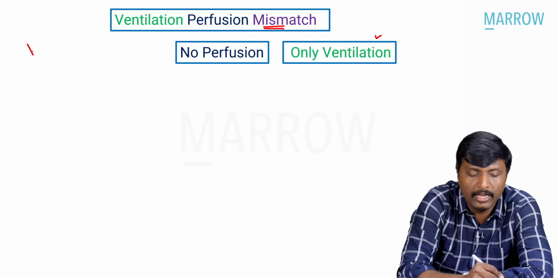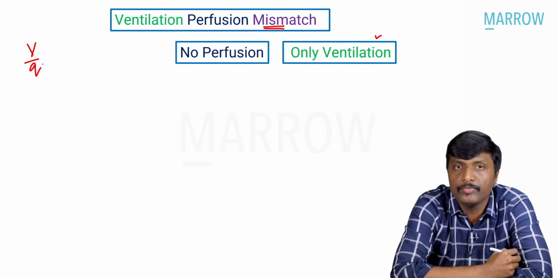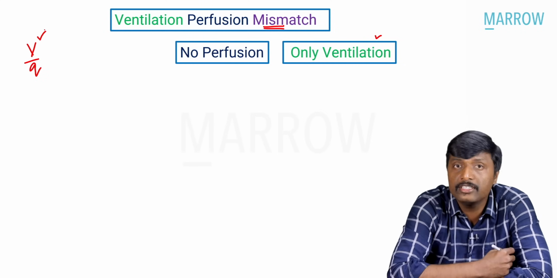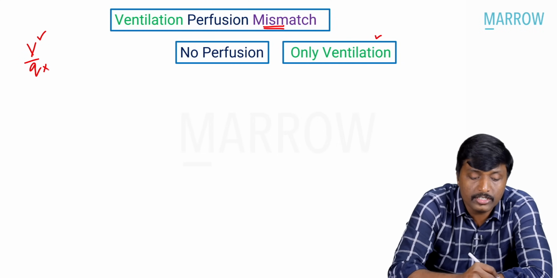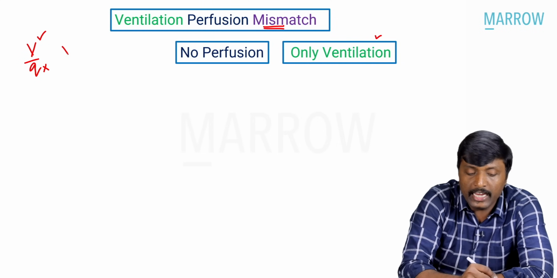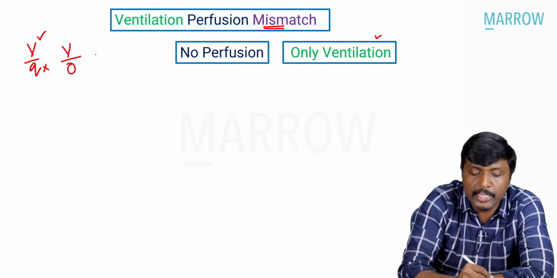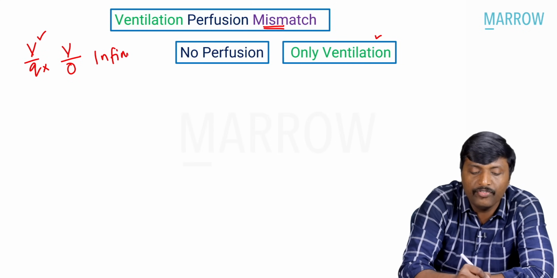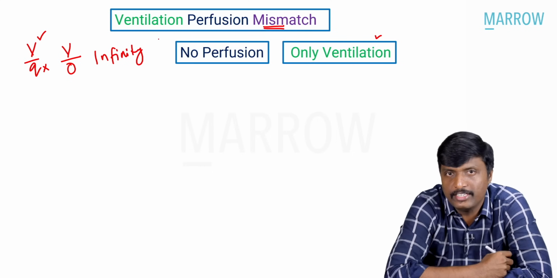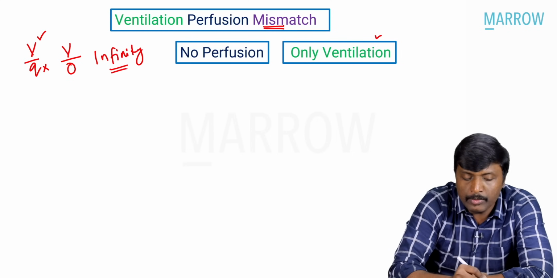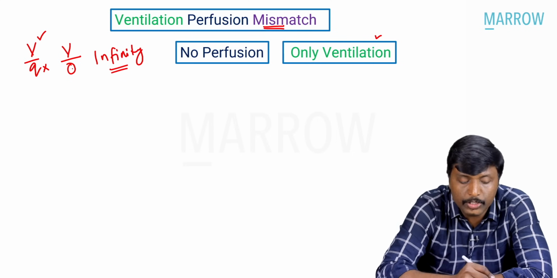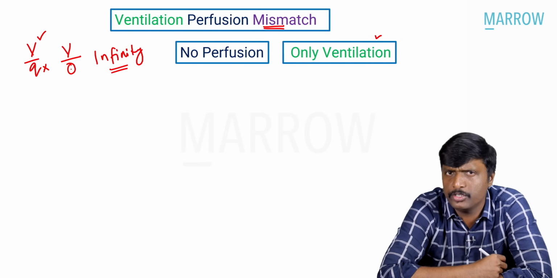That means our VQ ratio, ventilation is there, but perfusion is not there. In any ratio, when the denominator becomes 0, it totally becomes infinity. That is the question they are asking. Ventilation perfusion ratio, there is no blood. Perfusion is 0. The ratio becomes infinity.